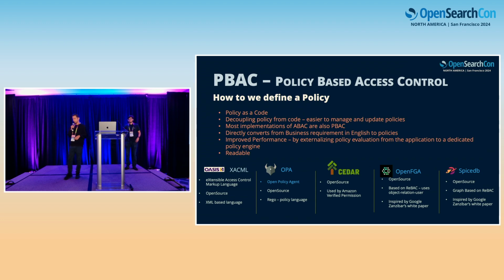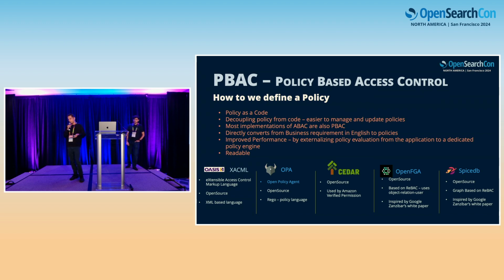English language. For example, we say that English is the new coding language after AI. Similarly, policies are a language which business owners can directly provide in English, which can be converted to policies, and the developer need not even care about it.